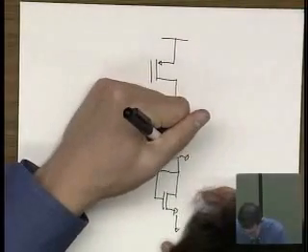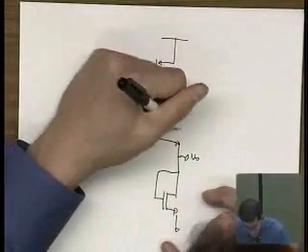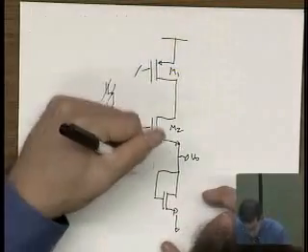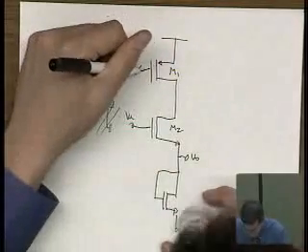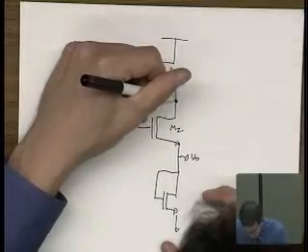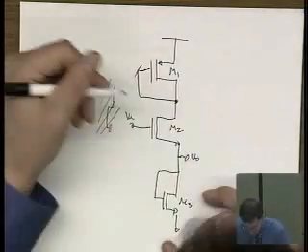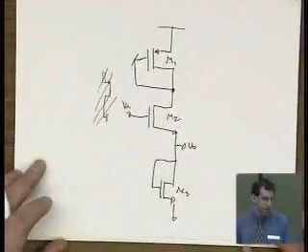Vi, Vout. M2, M1. Oops. This was like so. M3. Okay, so this was another one.